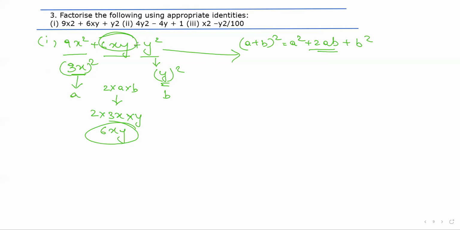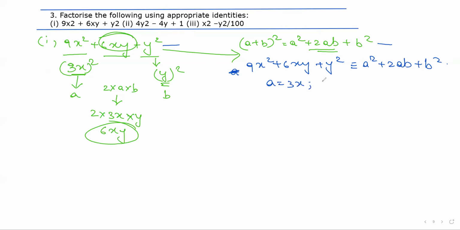On a piece of paper, you'll write this formula. Based on this formula, you can say that your 9x square plus 6xy plus y square is equivalent to a square plus 2ab plus b square. Your a is equals to 3x, b is equals to y.